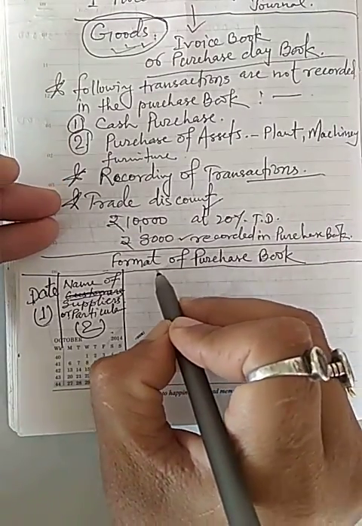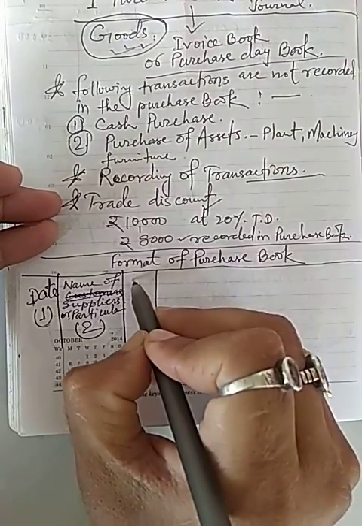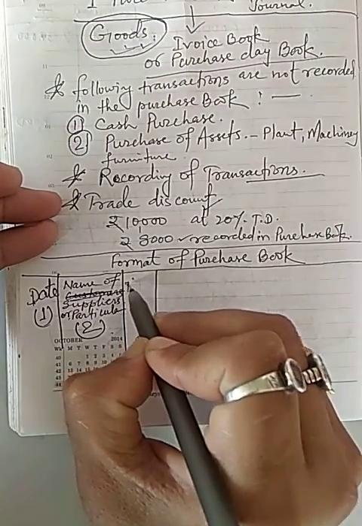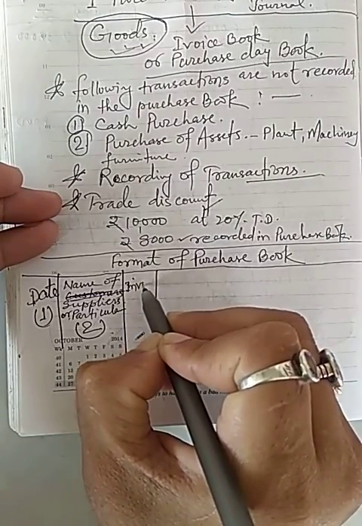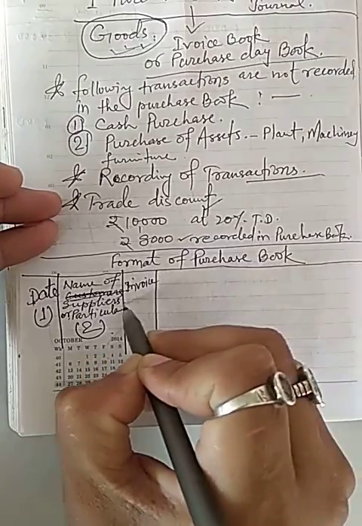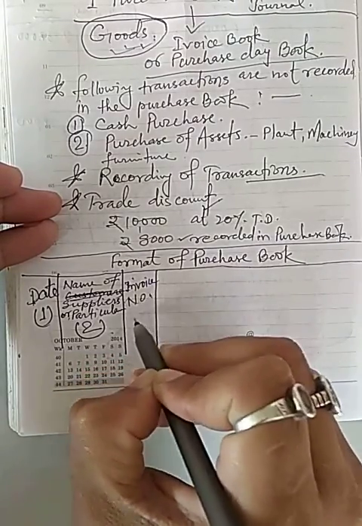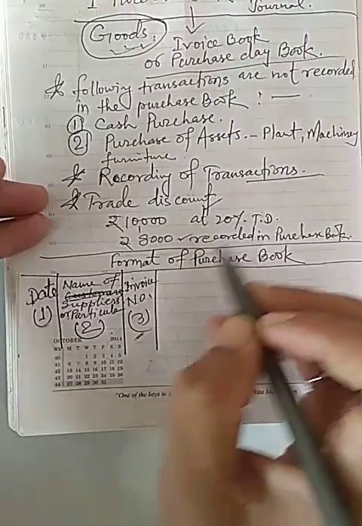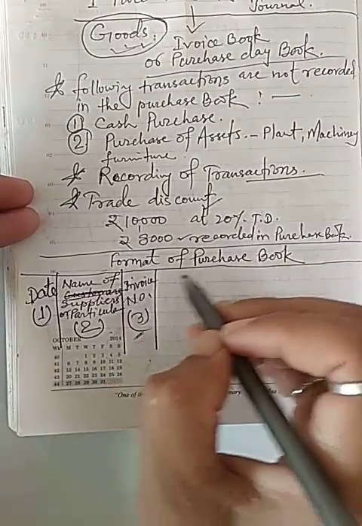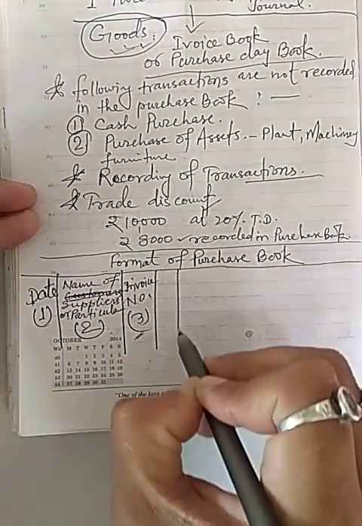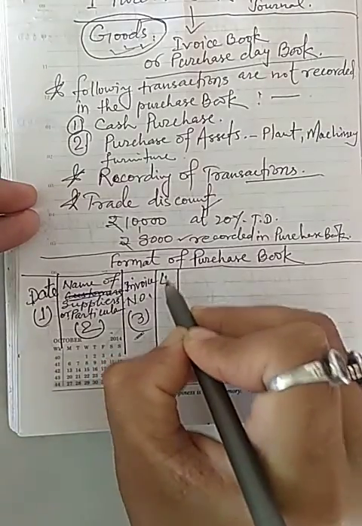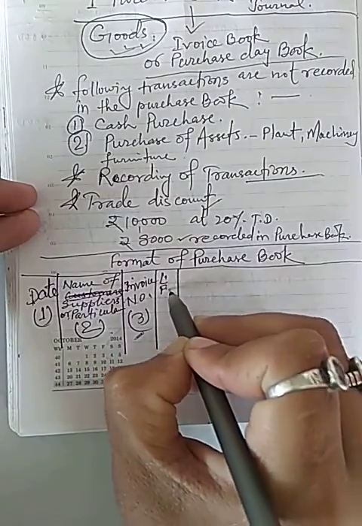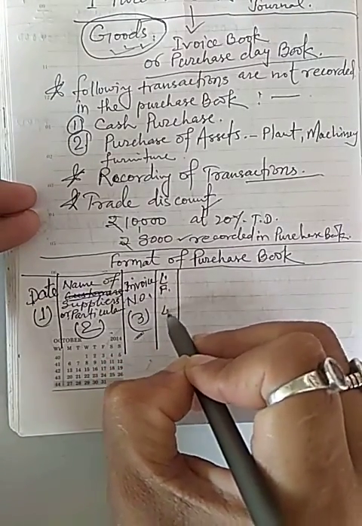The third column will be for invoice number. The fourth column will be for LF, ledger folio number. We all know about it.